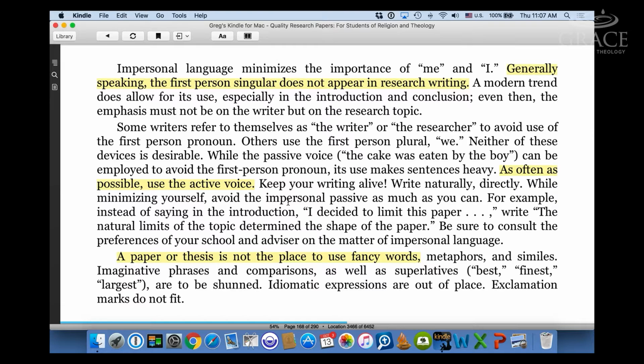A paper or thesis is not the place to use fancy words. So keep it simple. There's no reason to use fancy words if they're not absolutely necessary. Now, sometimes if you're dealing with some theological issue and it's known by a fancy word, then yes, you have to use it.